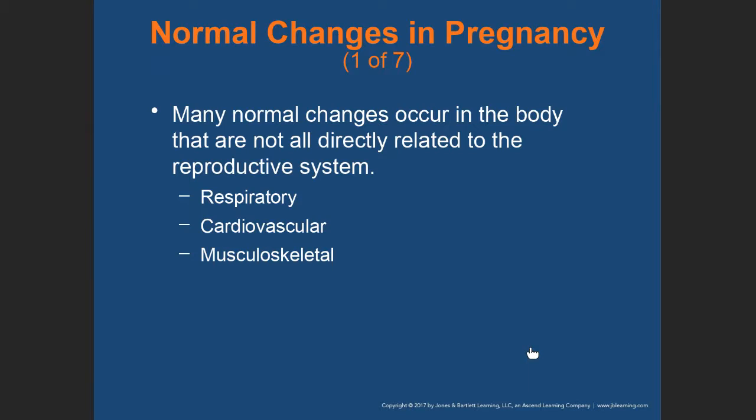During the development, some changes will occur to the system, and you need to be familiar with these changes. So many normal changes occur in the body that are not all directly related to the reproductive system. So the pregnancy will affect the respiratory, cardiovascular, and musculoskeletal system.